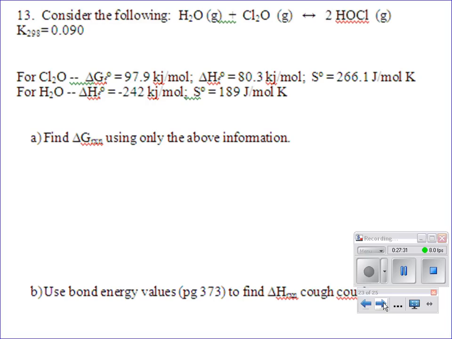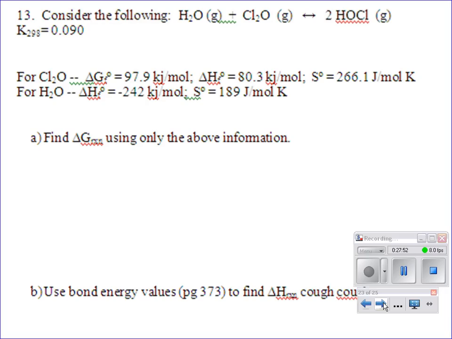What are we going to do? Do I have G naught? No, not ghetto. You can try to do ghetto homies. Go for it. What are we missing? We tried to do ghetto homies. We don't have anything about HOCl, do we? So I can't do that.